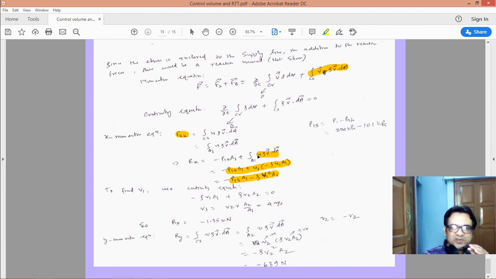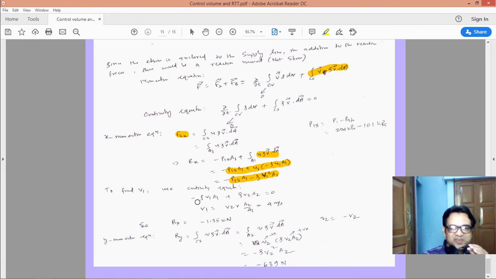So u equals U1 at inlet and V dot dA at inlet. Why is it negative? Because the velocity vector and outward area normal vector are both acting in the opposite direction, so this dot product is negative here. So Rx equals this. So how can you find out V1? Apply continuity equation.